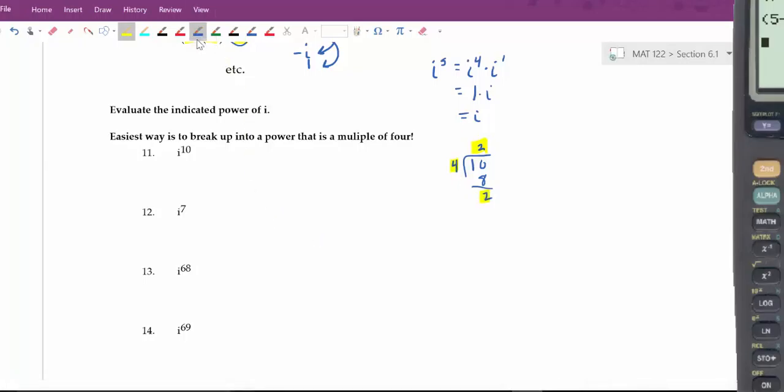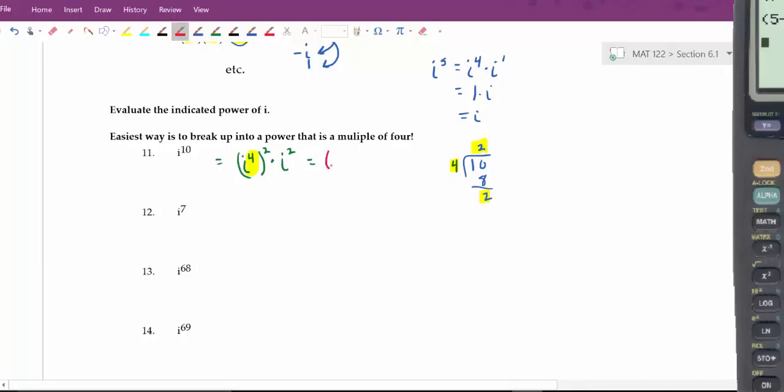So watch how I do this. I'm going to write I to the 10th as I to the 4th, to the 2nd, times I to the 2nd. See what I'm doing is I'm basically saying I to the 4th raised to that power, and then 2 left over as a remainder. The reason I like to do it this way is because I to the 4th is going to be 1.